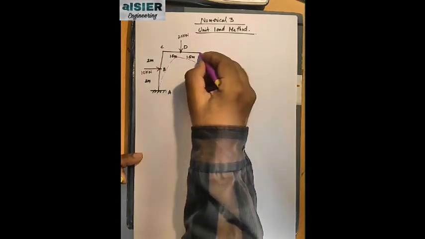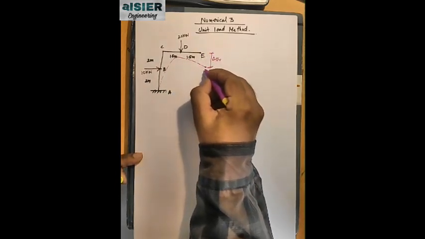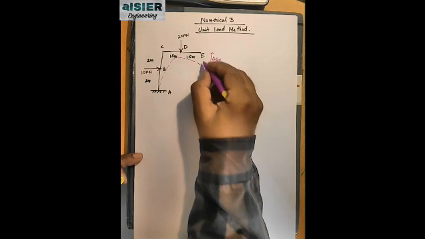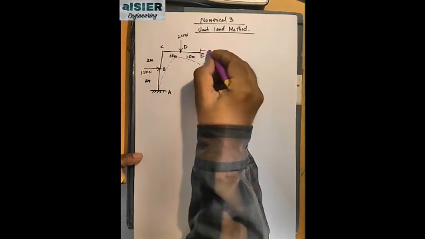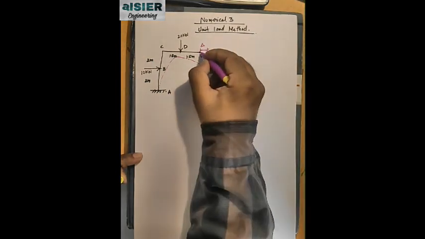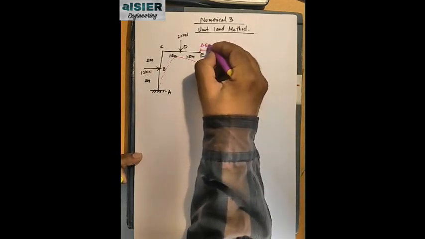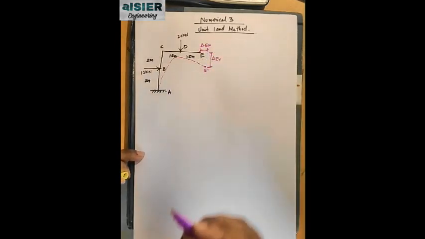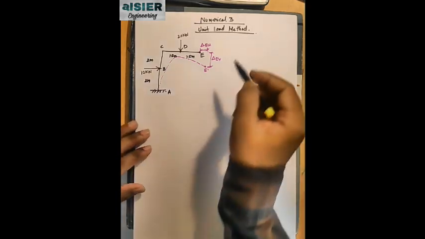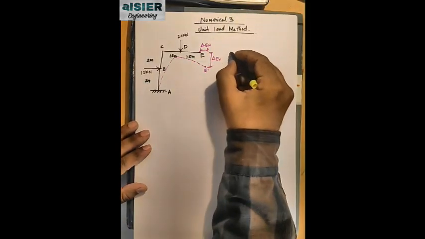Similarly, let us say this is E dash. So from E to E dash, this horizontal distance is delta EH, means horizontal deflection. And the same thing we have to calculate in this numerical. It is given to calculate deflection at free end.